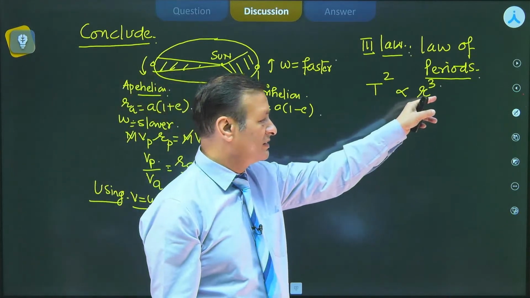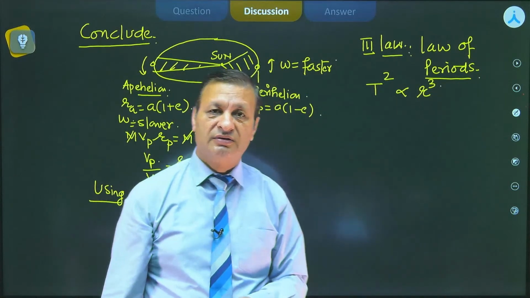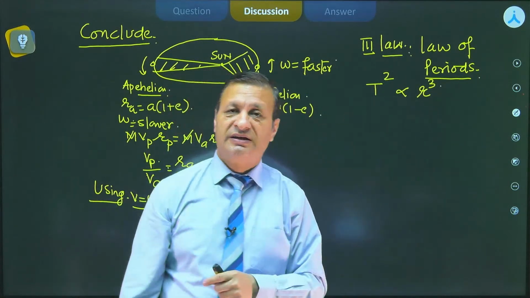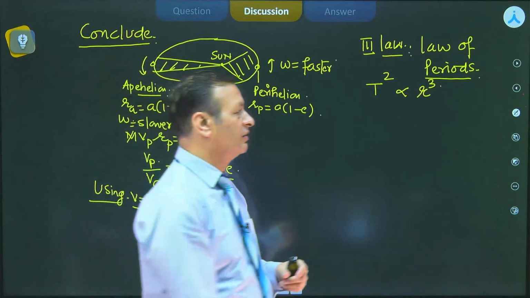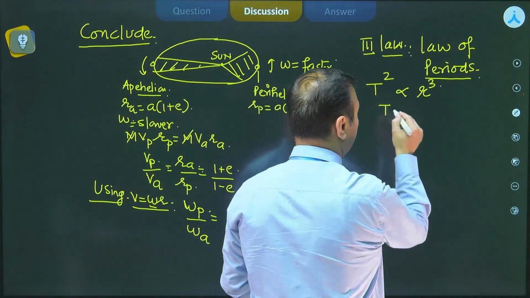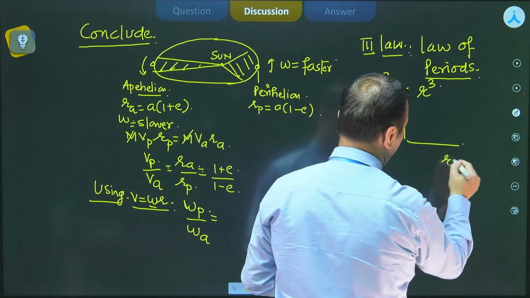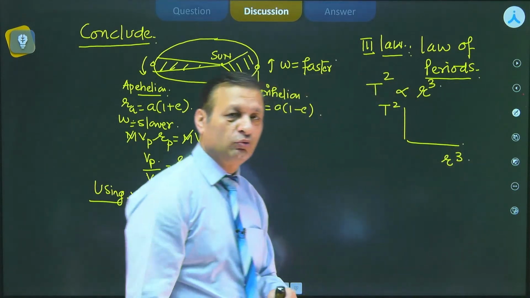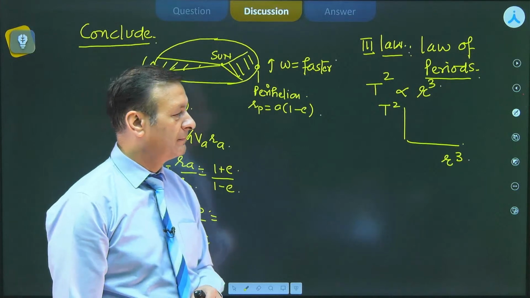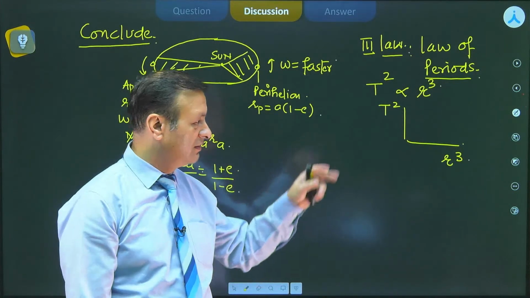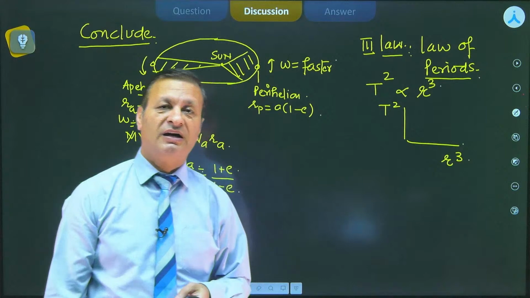It means with this R, how time period is directly related to this R. So you can understand, if I ask you to draw the graph of this part only. How would you define the graph of this?